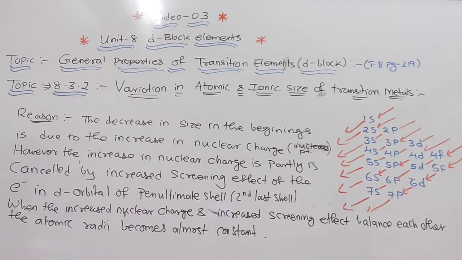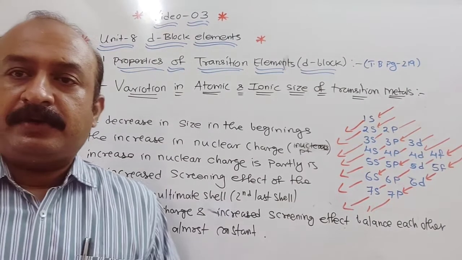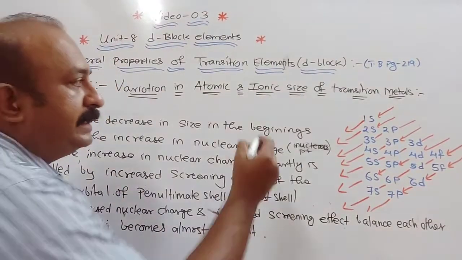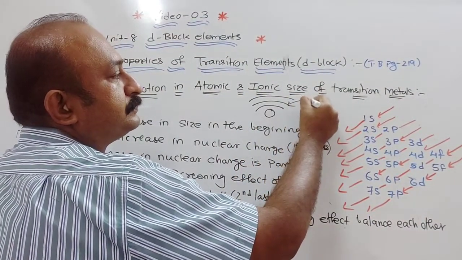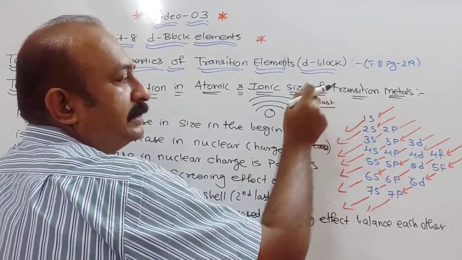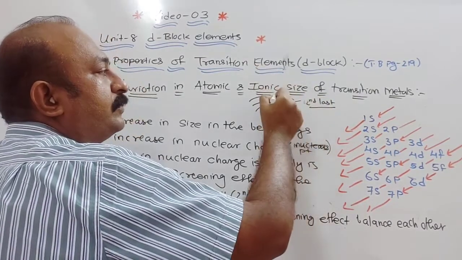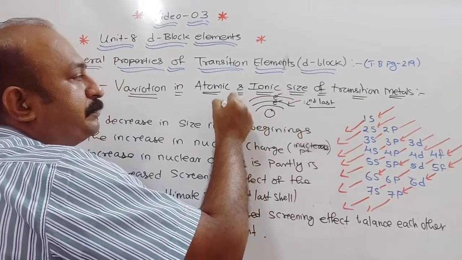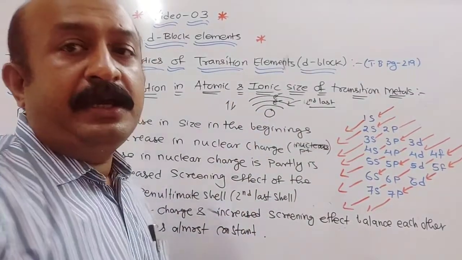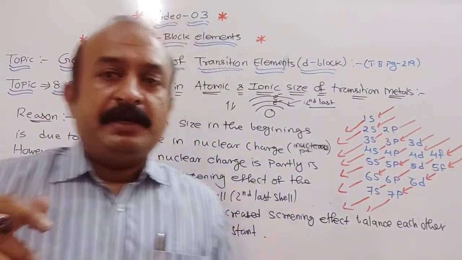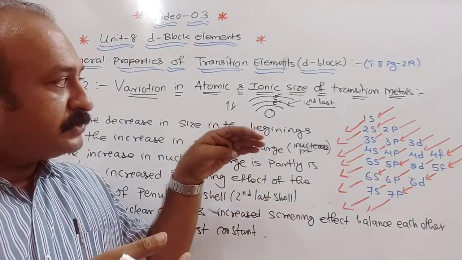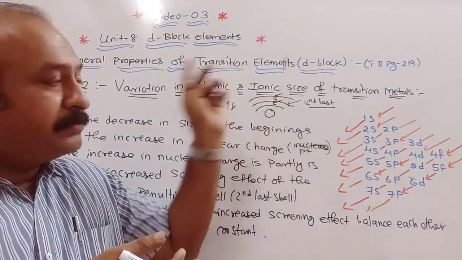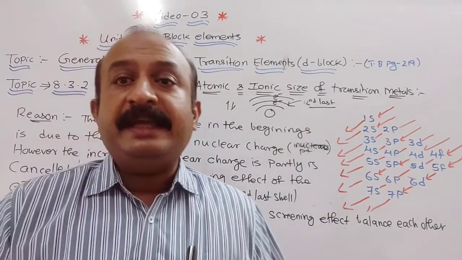Understood? Now, the increase in atomic radii towards the end may be attributed to electron repulsion. That means the second last shell, the penultimate shell. When the electrons are paired like this, there can be an increase in size, because the attraction decreases due to strong shielding, and a repulsion is also created between the electrons.